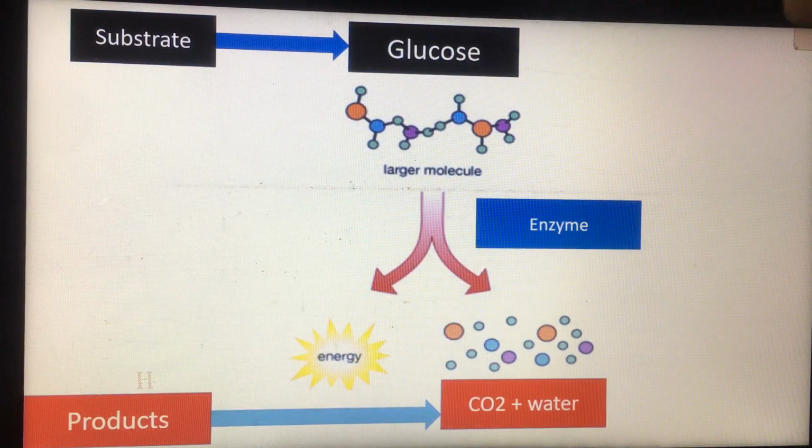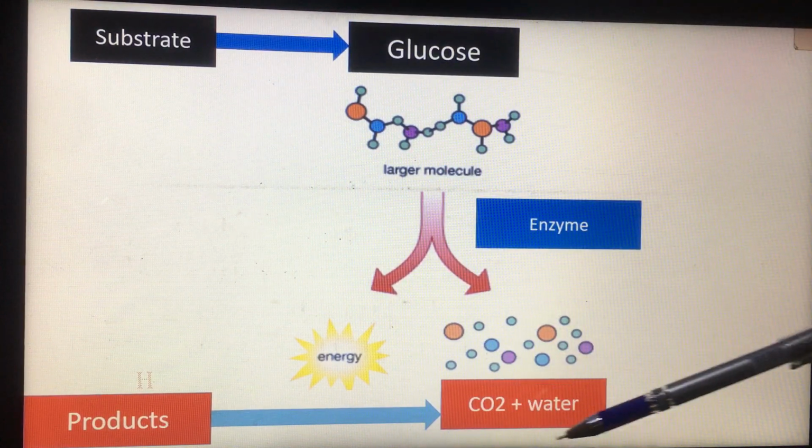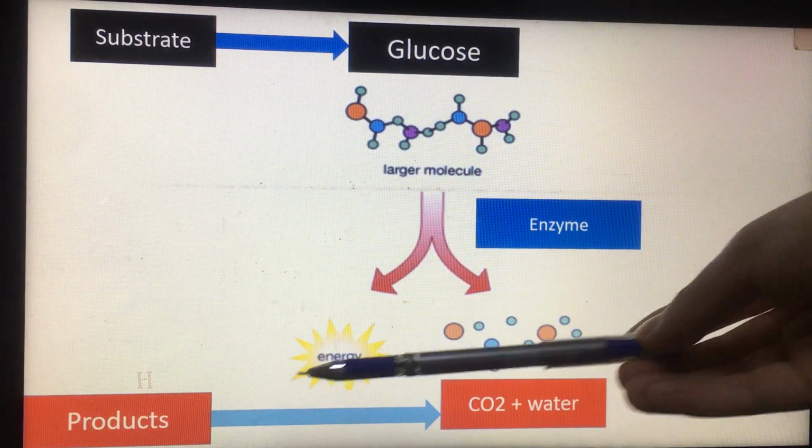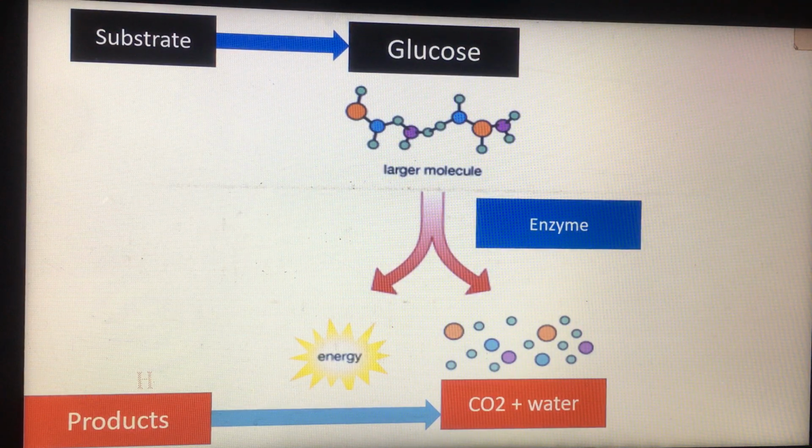So again, glucose is the substrate; carbon dioxide and water are products. Substrates are the molecules that react in the enzyme catalyzed reaction, and the products are the molecules produced in the reaction.